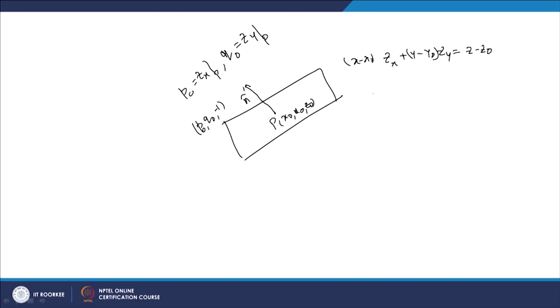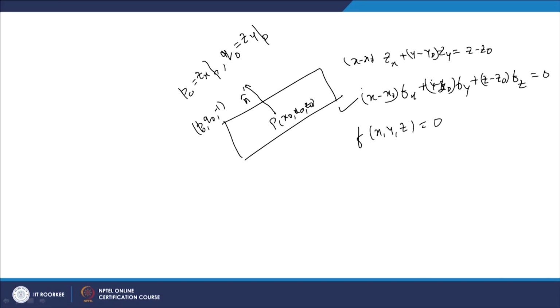In fact, you can always write it like this: (x - x0) f_x + (y - y0) f_y + (z - z0) f_z = 0, if your equation is given as f(x, y, z) = c. If your equation is given like f(x, y, z) = 0, then the equation of the tangent plane you can always write like this.